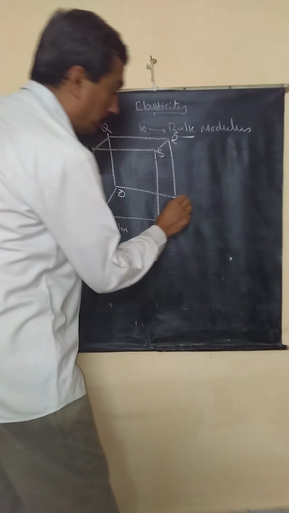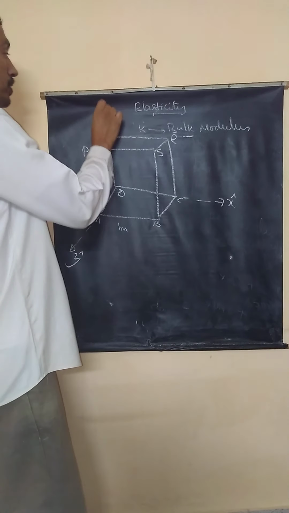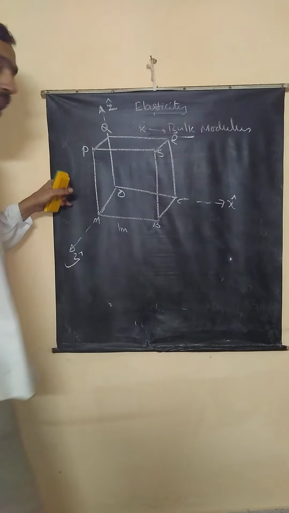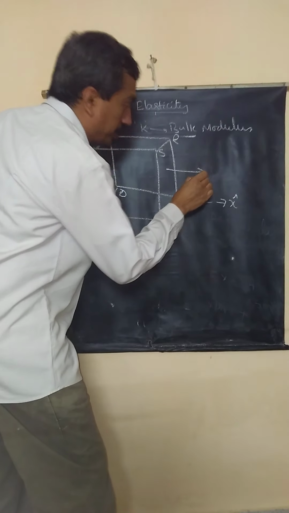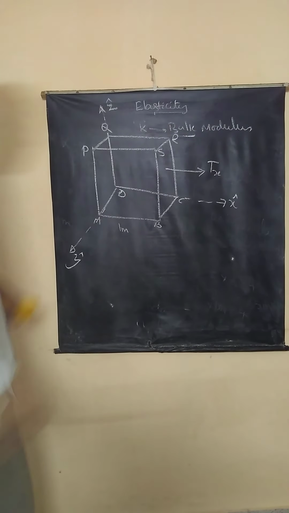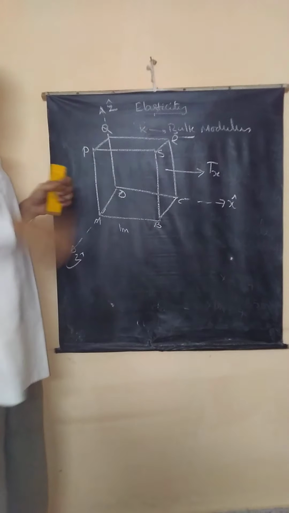Now, let this be the x-axis, let this be the y-axis, and this is the z-axis. Now, suppose I apply a stress in this direction, I call it Tx. What will happen? The length AB will increase.